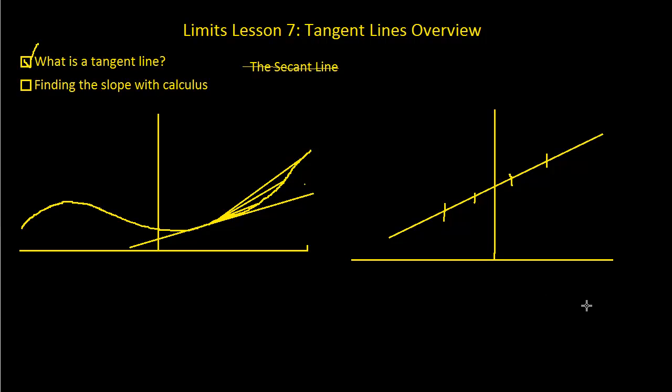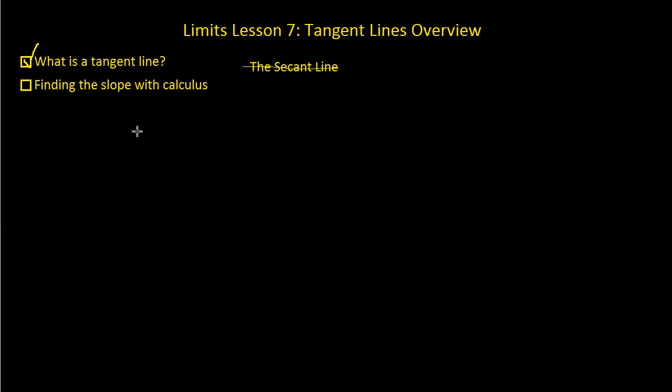And I'll go ahead and erase this again and draw out our definition. So let's just go ahead and write this out. I'll write slope up here so you remember.